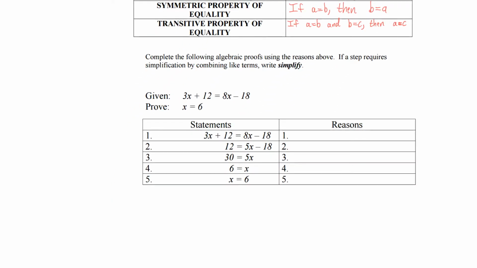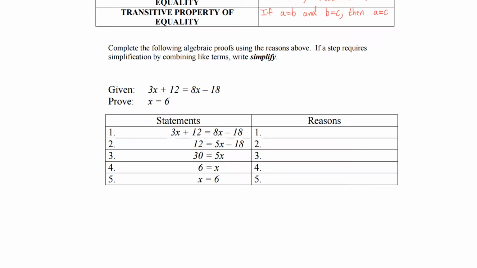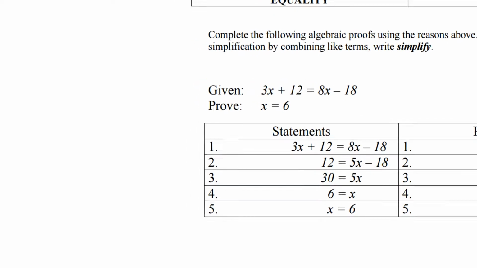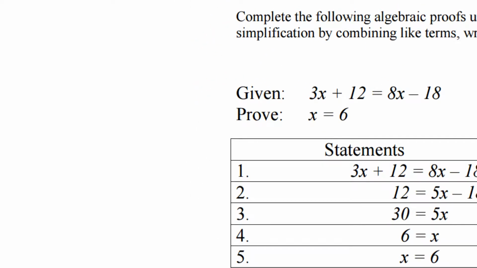Okay, so again, what I'm doing here is just getting you introduced to the idea of these two-column proofs. Now, they'll always have the given and what it is they want you to prove. It's not necessarily always this way, but pretty much it follows this. The given is where you're going to start, and the prove is where you're going to end.